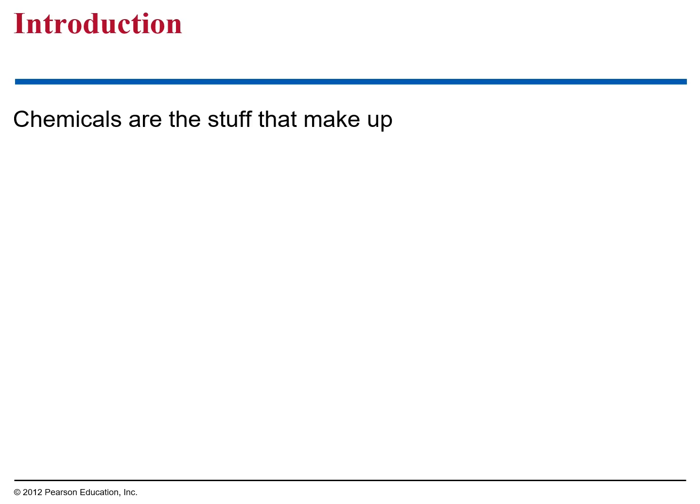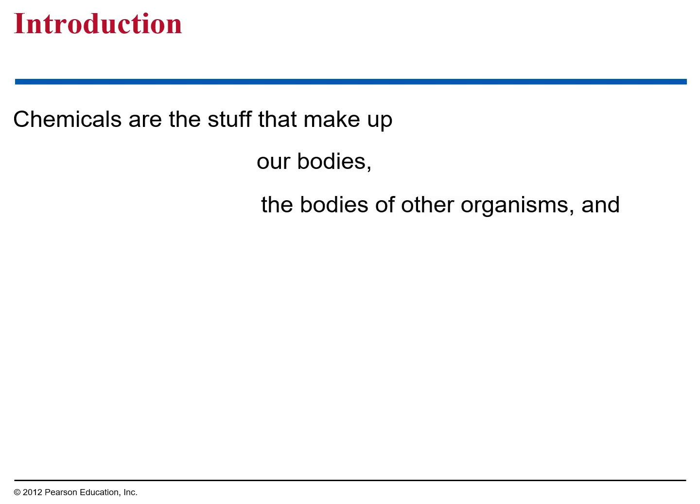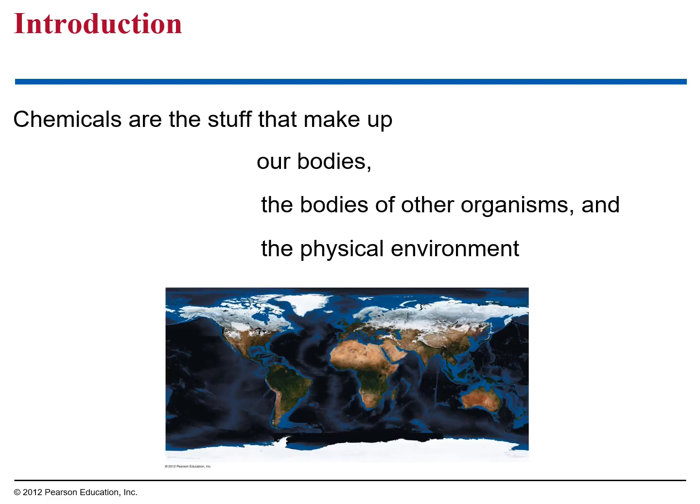Because chemicals are the stuff that make up our bodies, the bodies of other organisms, and our physical environment. So, if we understand chemistry, then we can understand the properties of our body and we can understand the properties of ecosystems.